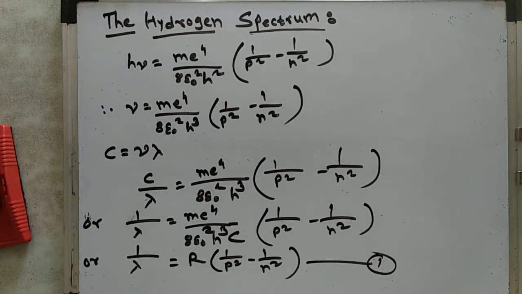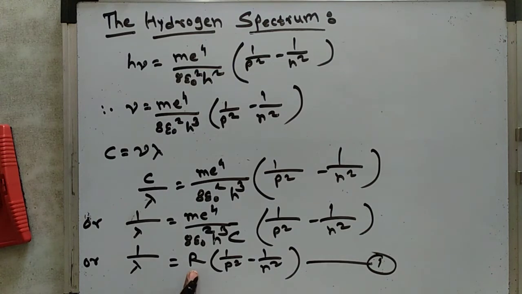Where R equals me raised to 4 upon 8 epsilon naught square h cube c. So write here R and the remaining term as it is.